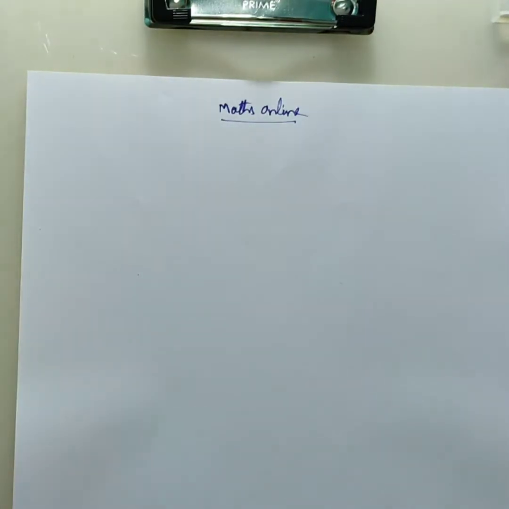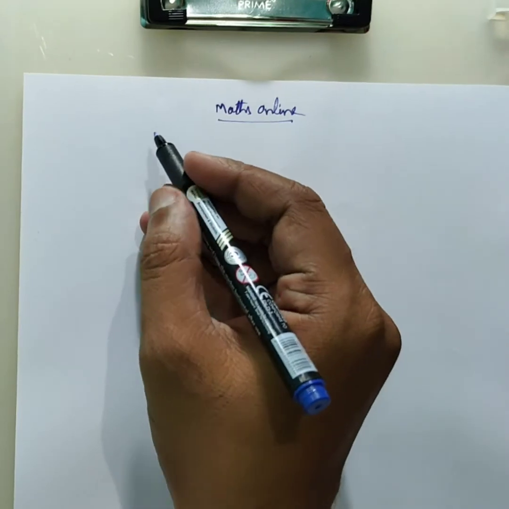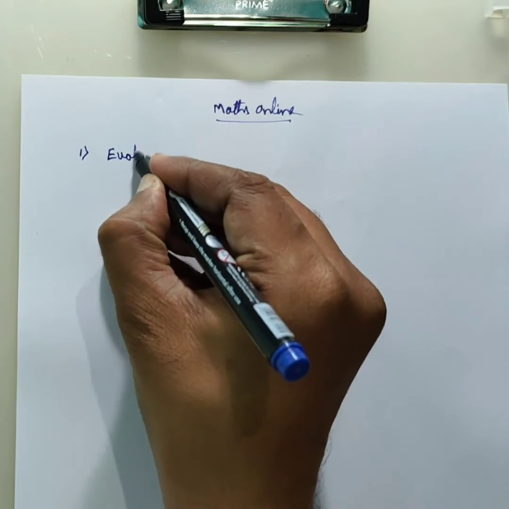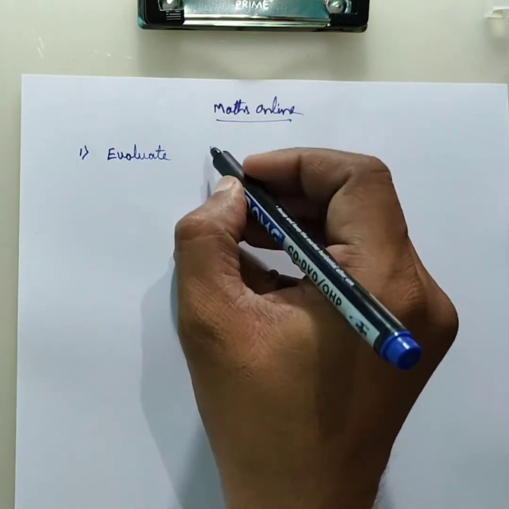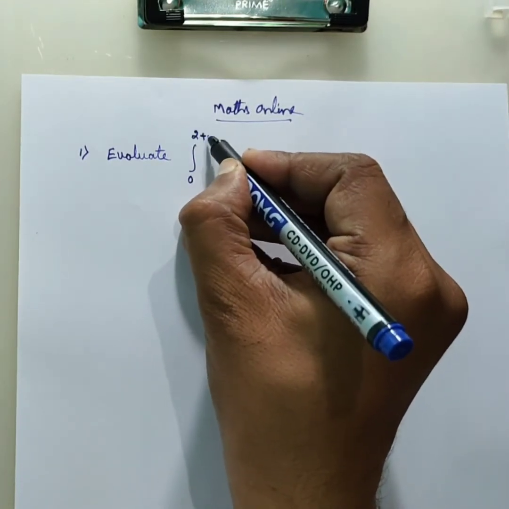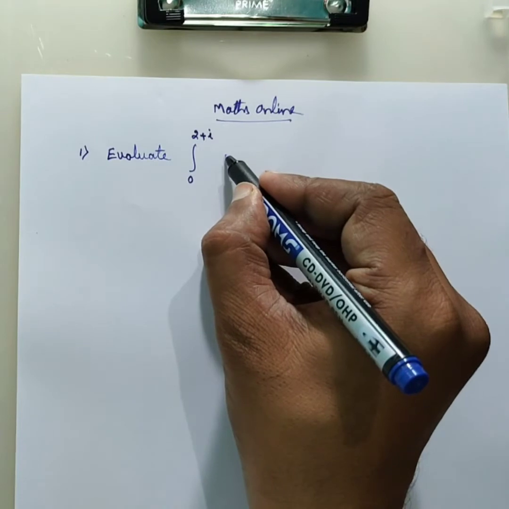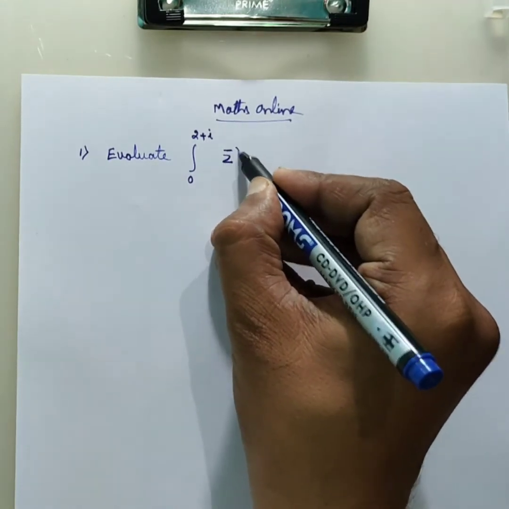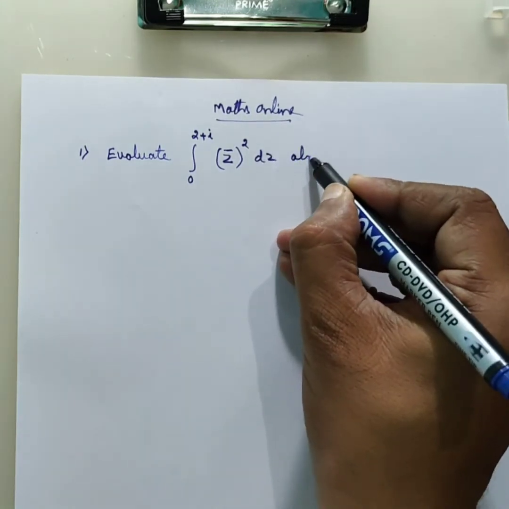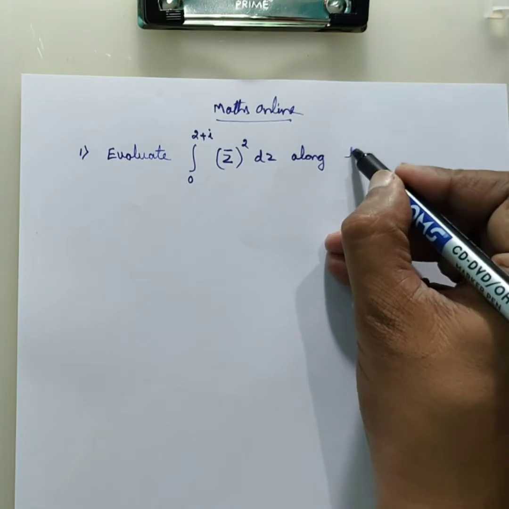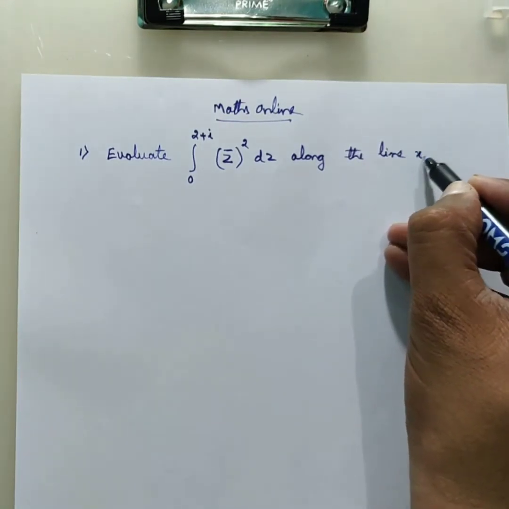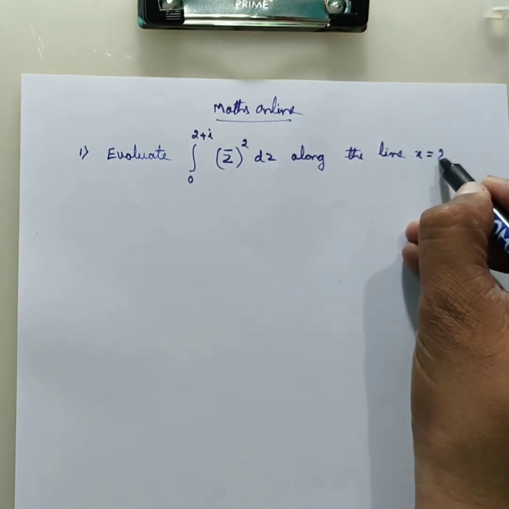Today we will be solving one problem based on the line integral. The question is: evaluate the integral from 0 to 2 plus i of (z bar) whole square dz along the line x equals 2y.